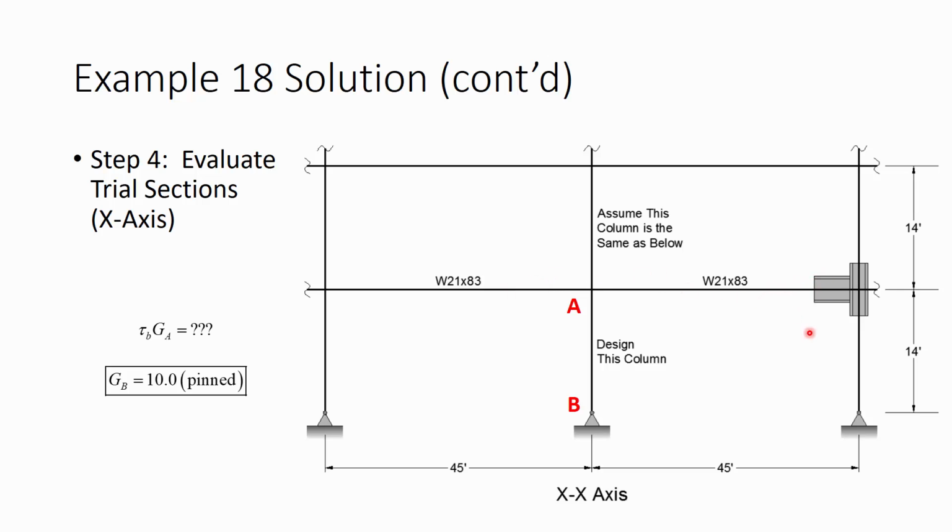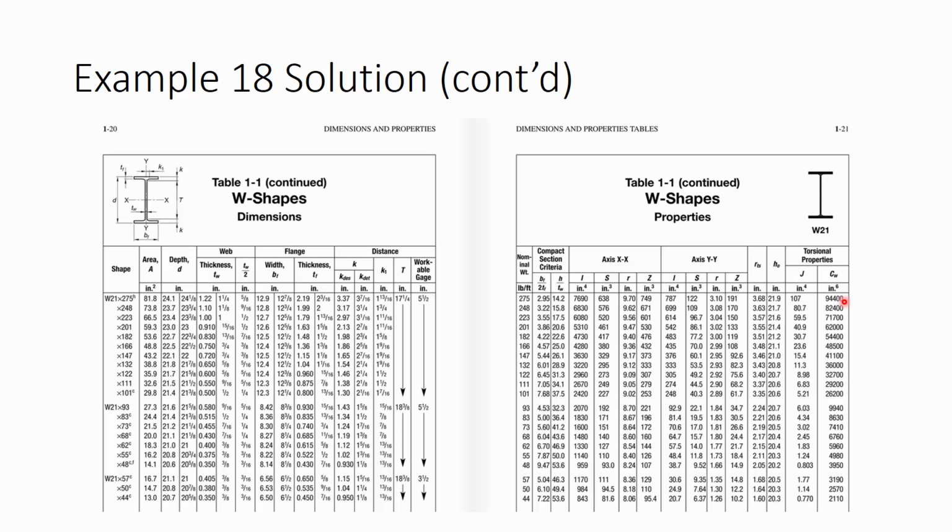If you look over here on the right, you can see this symbol indicating that this top and bottom rectangle are the flanges sticking out, and that larger portion is the web. So the columns and the beams are along their strong axis, so we need the x-axis moment of inertia. So I go into table 1-1.